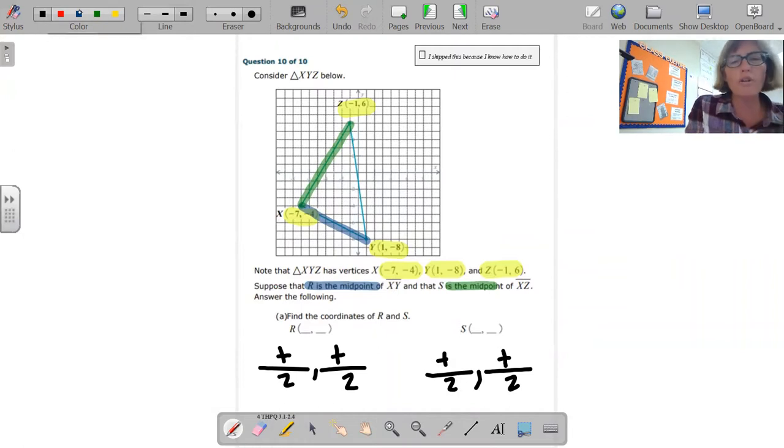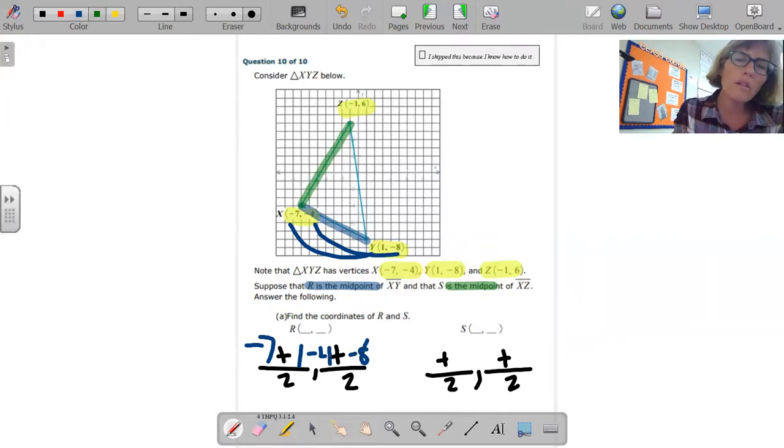Working the blue side first, add the X's, that's -7 and 1, -4 and -8. Going this way, that's -7, -1, and -4 and +6.